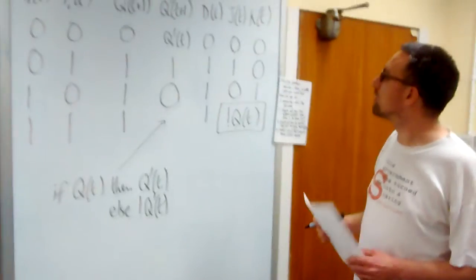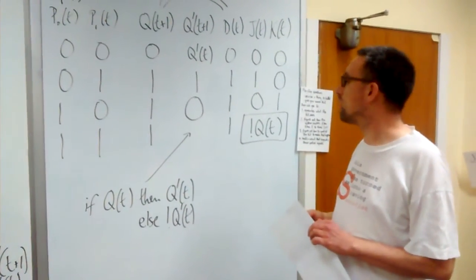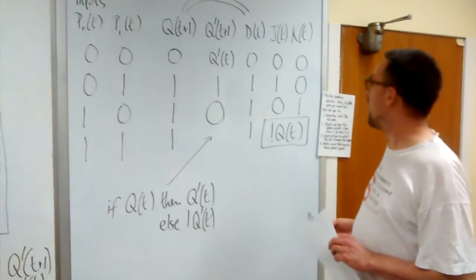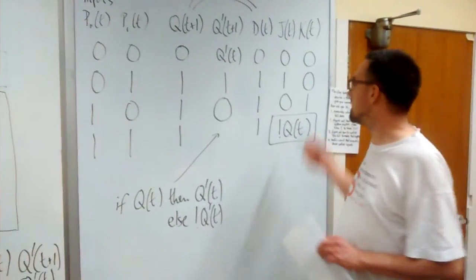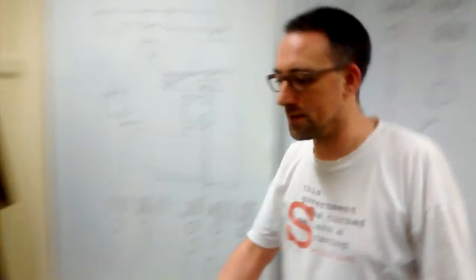So now we have our table telling us how to construct the control signals from the inputs and, if necessary, the current values. So we'll see if this works.